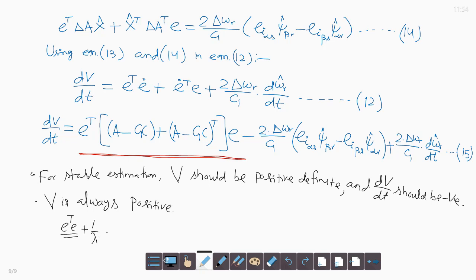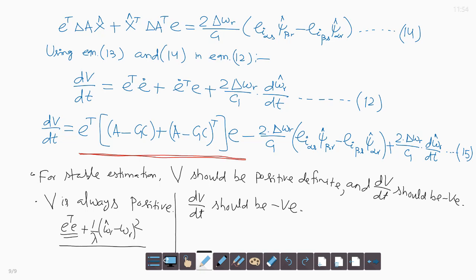Lambda is positive. Omega r hat minus omega r square. So, this term is always positive. V is always positive. So, now the target is dV by dt should be negative. If dV by dt is negative, then the estimation error will decay to 0 with time.